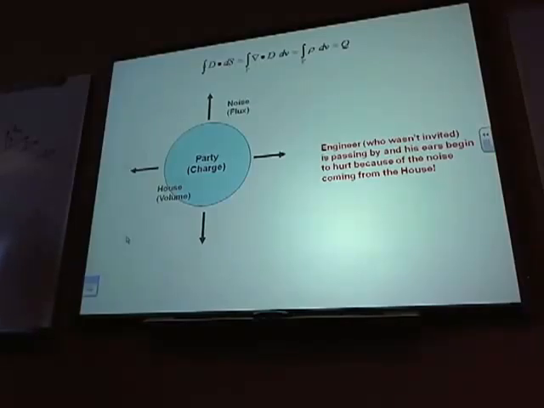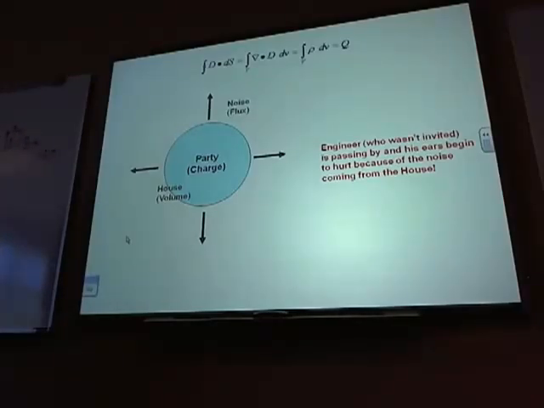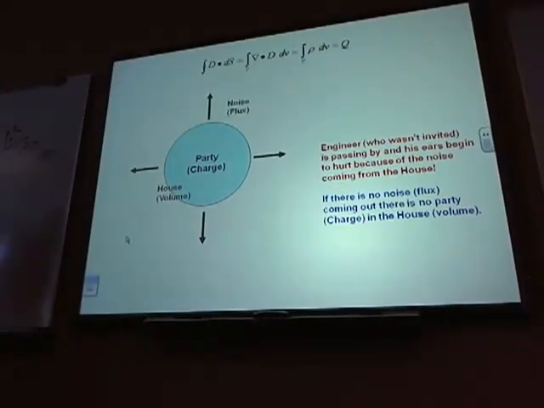Or you drive up to a stop sign, and the guy next to you has 1,000-watt woofers in his car, and the whole car is bouncing off the ground. Here's the house, here's the party. The noise is the flux going through it. There's no flux coming out of the party if there's no party. But if there's a party, there's noise coming out, right? Same concept.